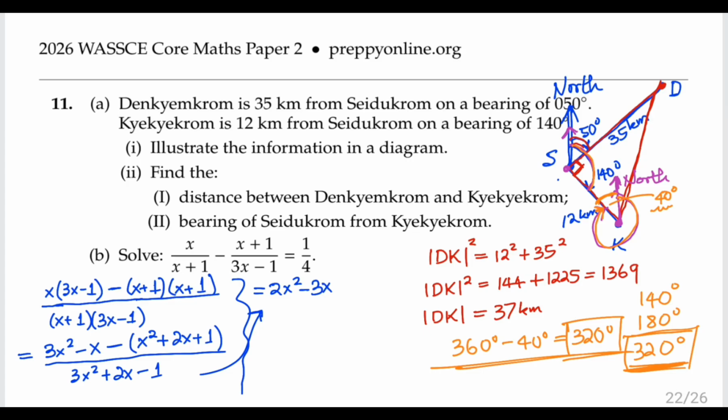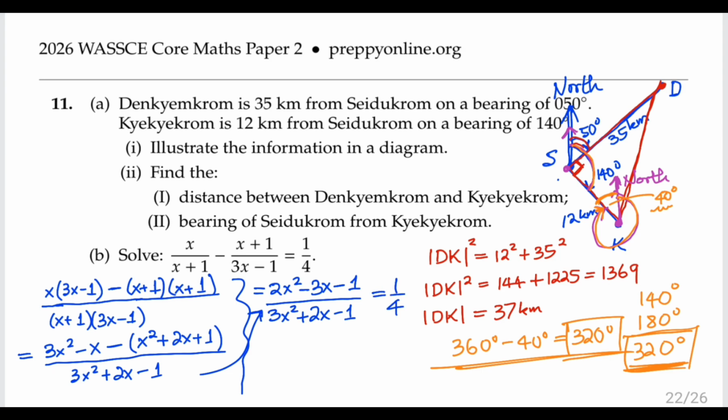Then we have minus 1. And then we have this denominator, which is 3x squared plus 2x minus 1. All right, so this expression is equal to 1 over 4.